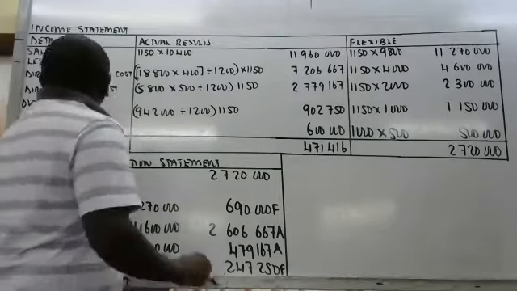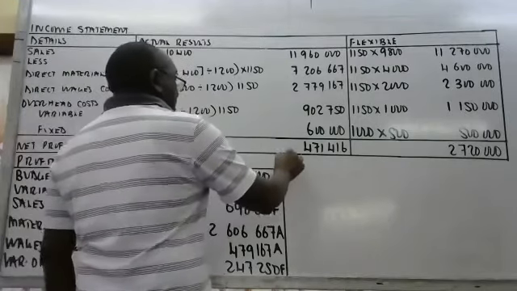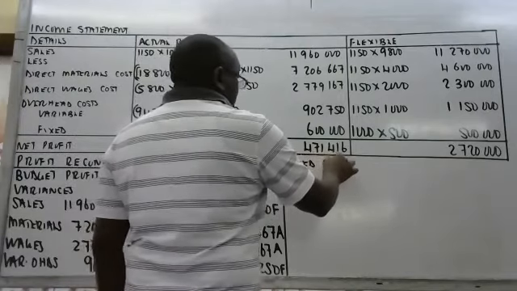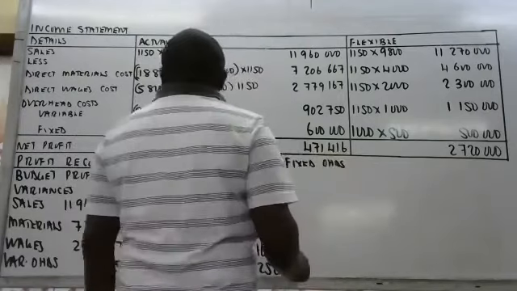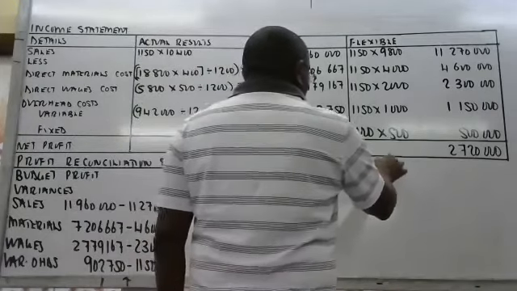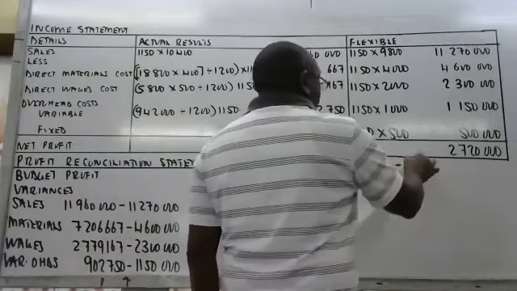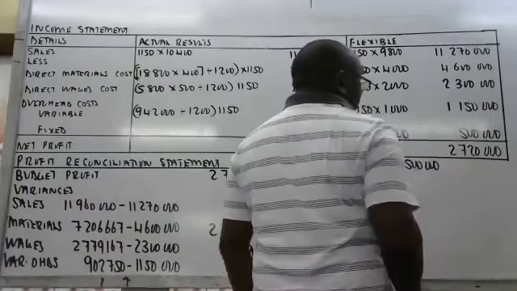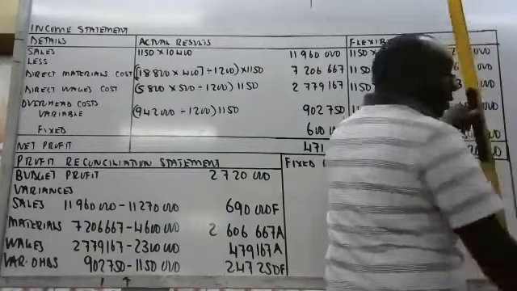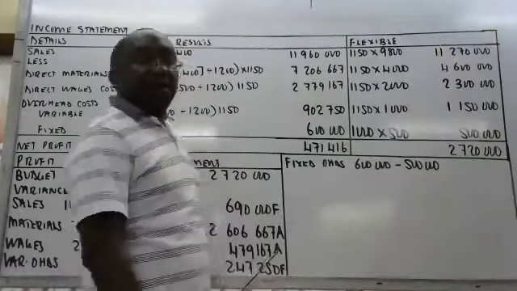Then we go to the fixed overheads. The actual was 600,000. The budget was 500,000. So that is how much?